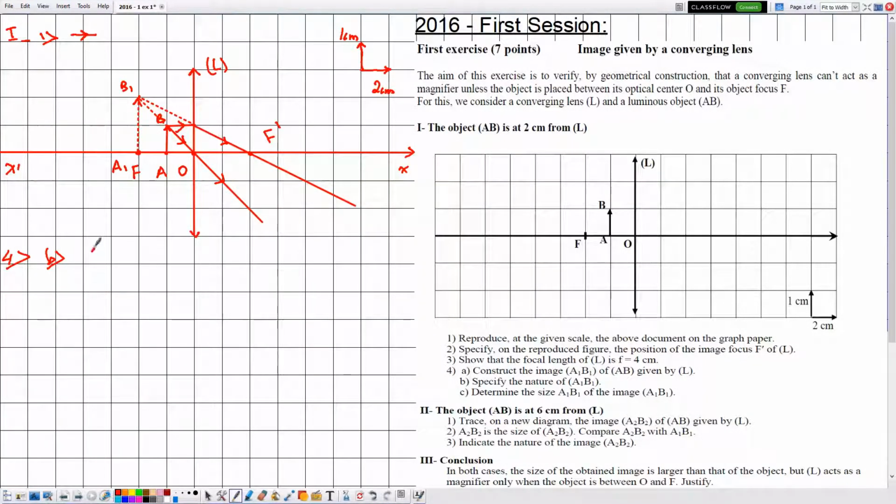Then let's say that since the object AB and the image are on the same side, then the image A1, B1 is virtual.